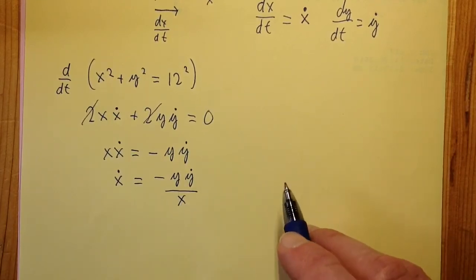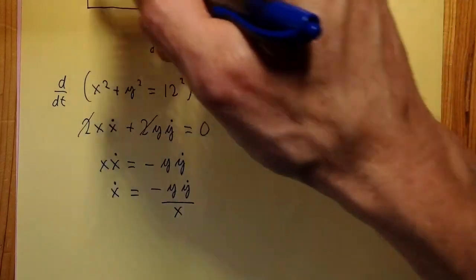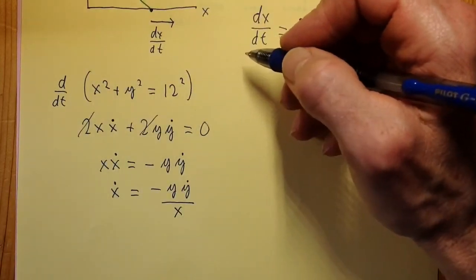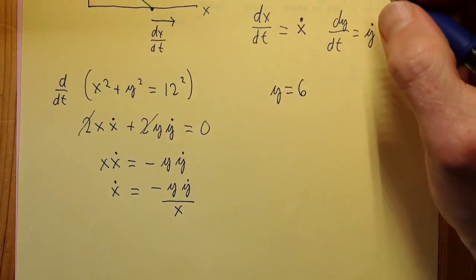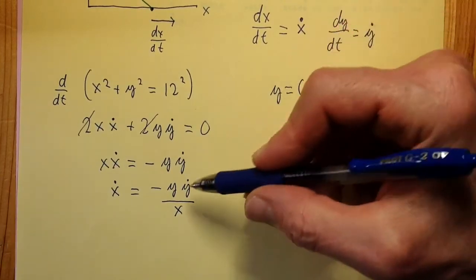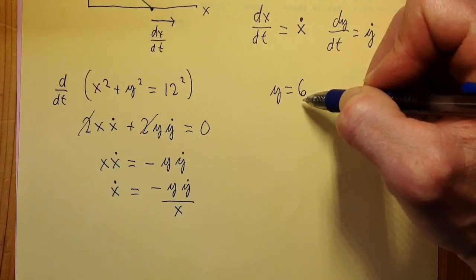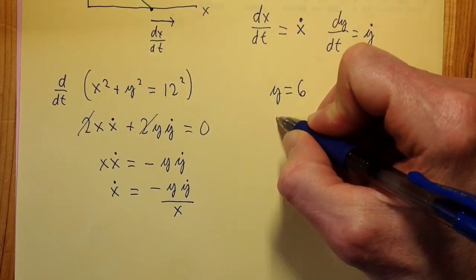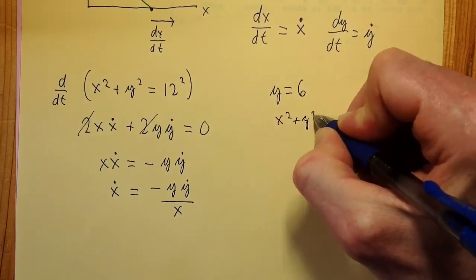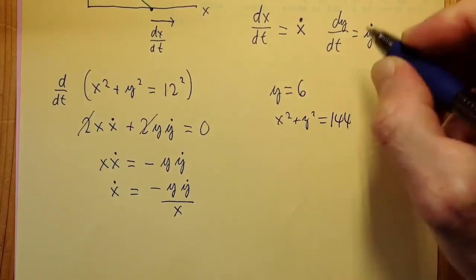Okay, so let's do that. So let's say that we want to know this happens when y is, I don't know, when y is 6. Now then we also need to know what is x when y is 6. So we have x squared plus y squared is equal to 144.